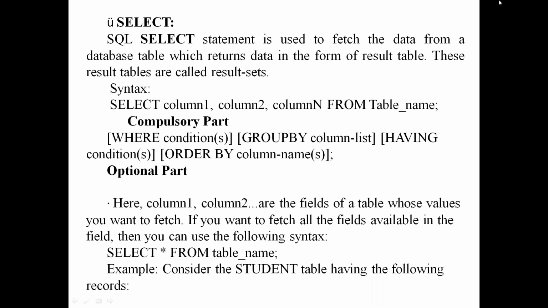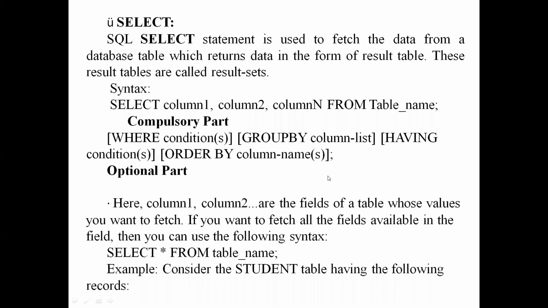Otherwise, the commonly used statement without any condition is the first one, the compulsory part: select column1, column2, ..., columnN from table name ending with a semicolon. Along with this, you can add some clauses and conditions.